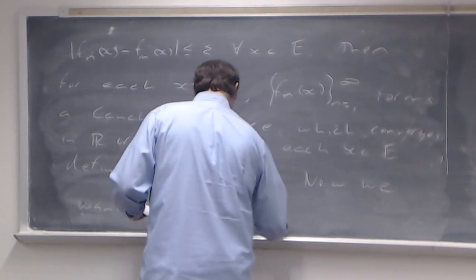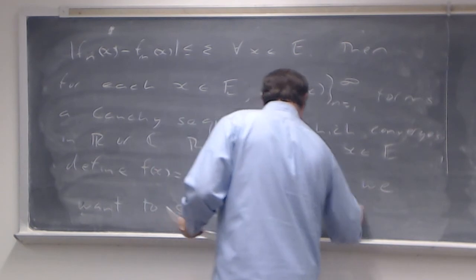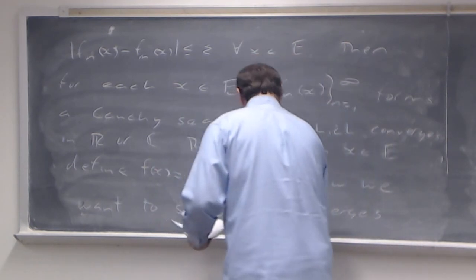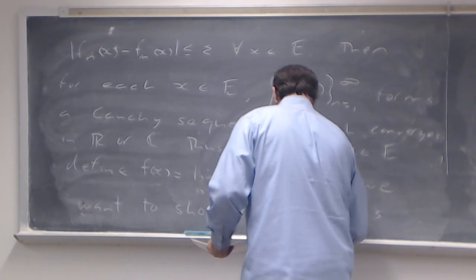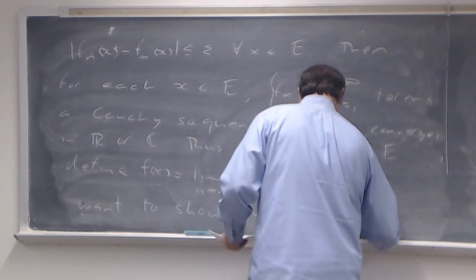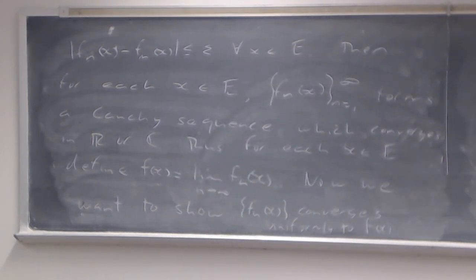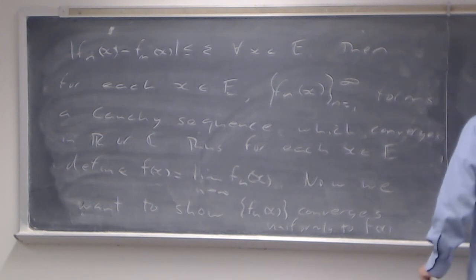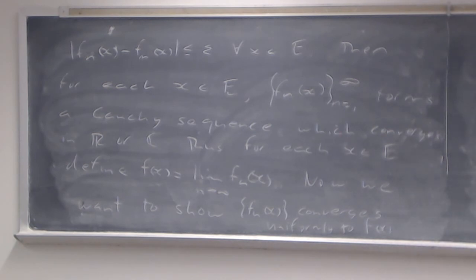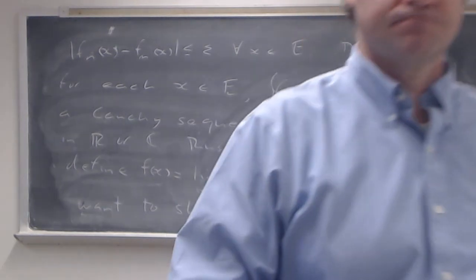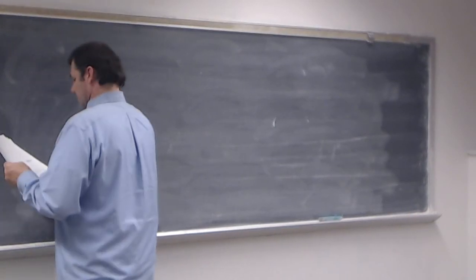that this sequence converges uniformly, I'll write right here, to f of x. So how do we do this? We're going to use the definition.